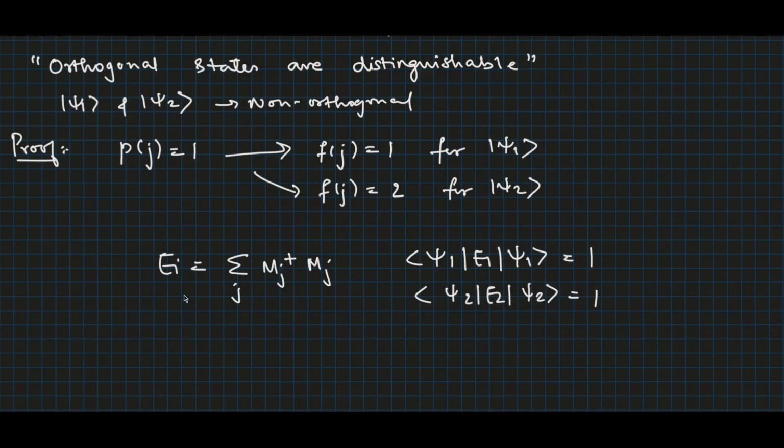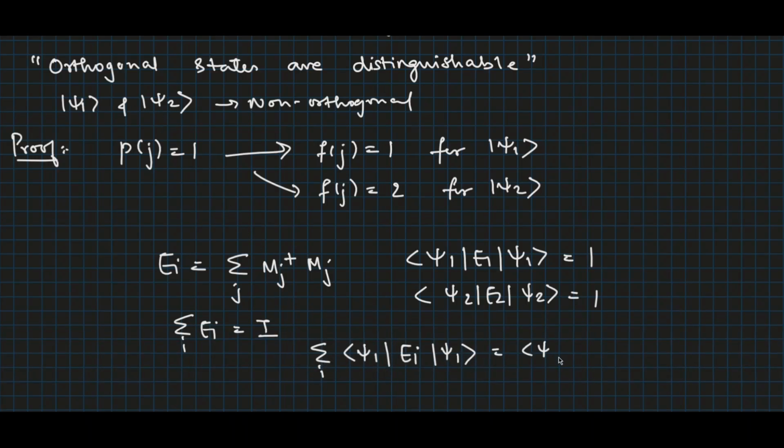And since from this definition summation over i of E_i will be equal to I, it follows that summation over i of <psi 1|E_i|psi 1> will be equal to, since it is for two states, <psi 1|E_1|psi 1> plus <psi 1|E_2|psi 1>, and this would be 0.